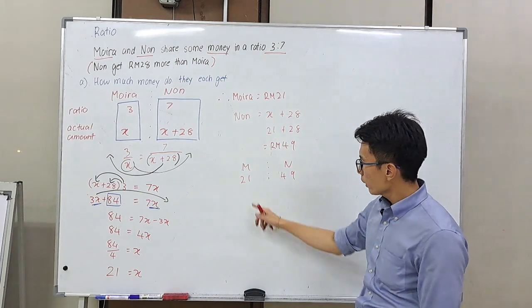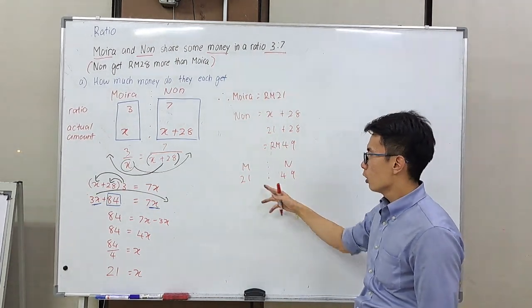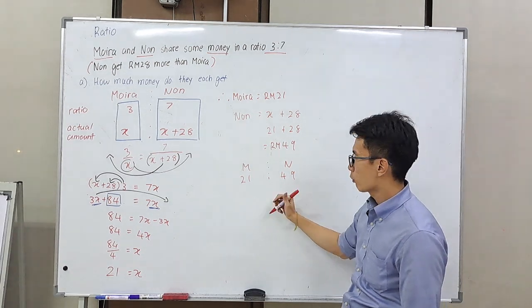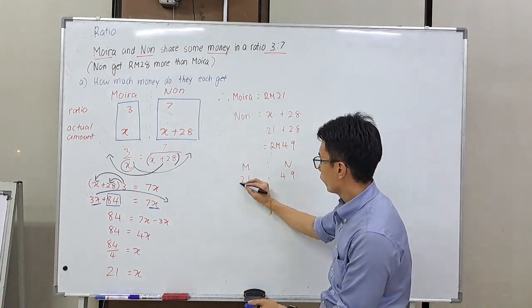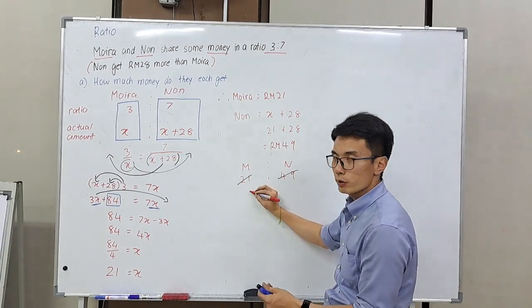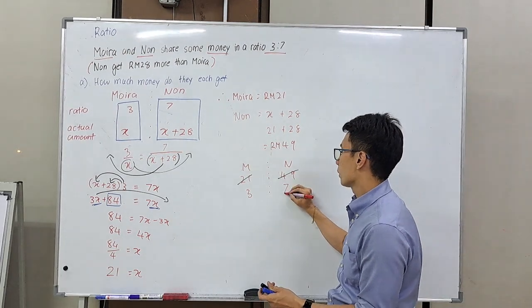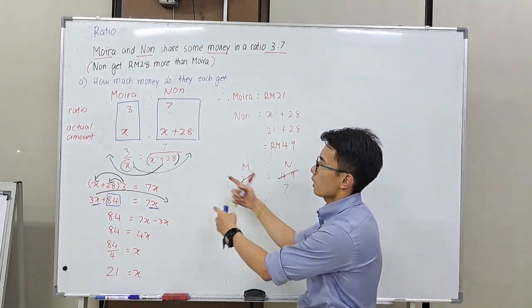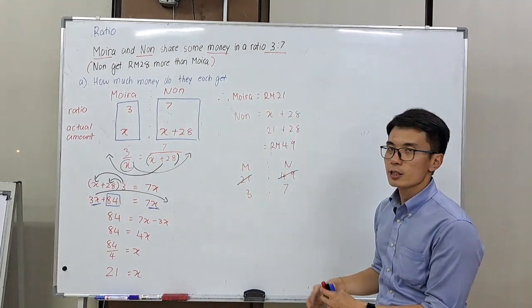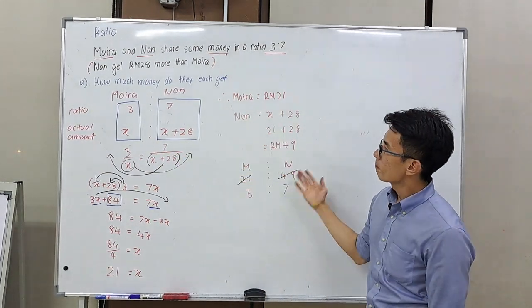Take a look at these numbers. We can simplify them, because they have a common factor, which is 7. If I divide 21 by 7, indeed I get 3. 49 divided by 7, I get 7. So that's my ratio. And true enough, correct. Okay, done.